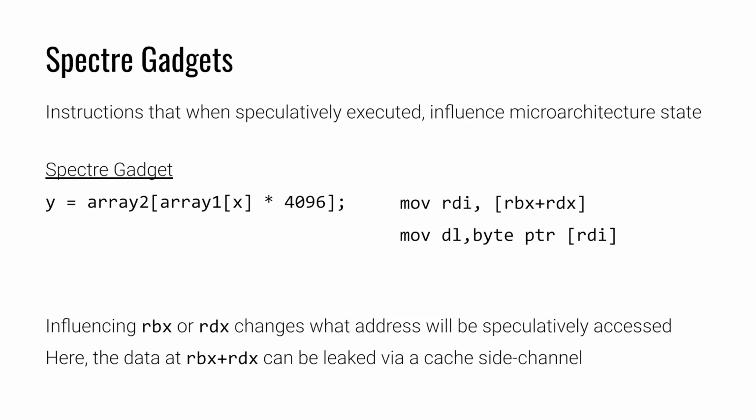But Spectre Gadgets could also exist in the raw assembly via something that looks like the example on the right. If the attacker can influence RBX or RDX, then the attacker can change the address that is speculatively accessed by the dereferencing of RDI. And by doing that, it will influence what value is loaded into the cache, and this communicates information about the value that is stored at RBX plus RDX.